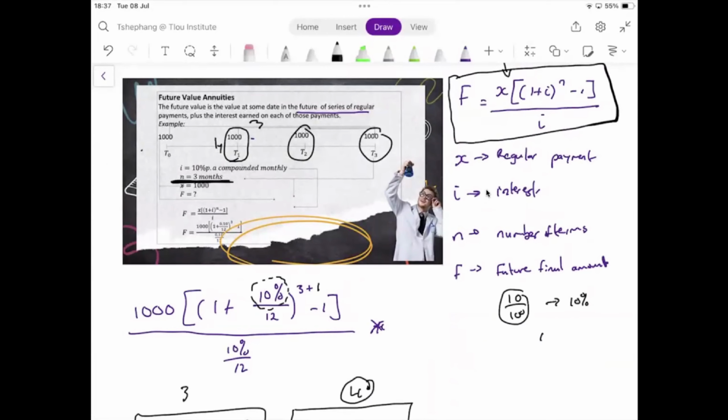You might think that it's straightforward, but always use those 15 minutes that they give you before you start your exam to read the questions thoroughly. If they say an additional payment was made, that's when you need to add it there. If they don't mention anything about immediate payments, the formula is as it is. You don't have to worry about anything there. I'm hoping everyone is with me there.